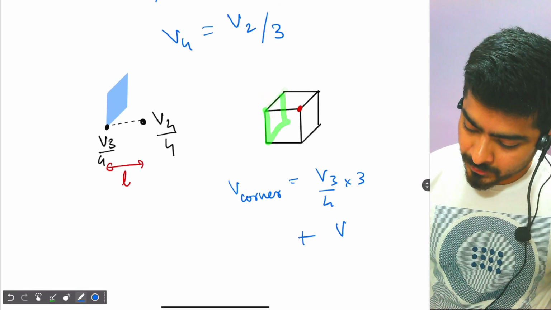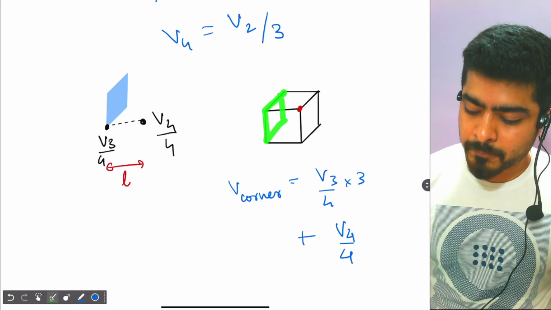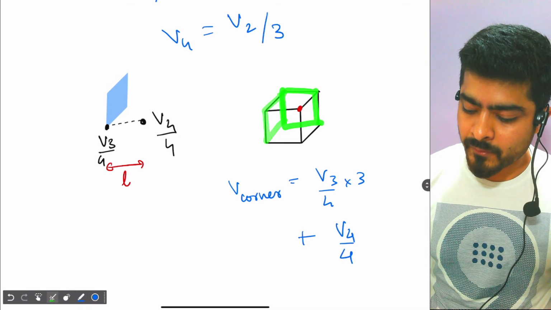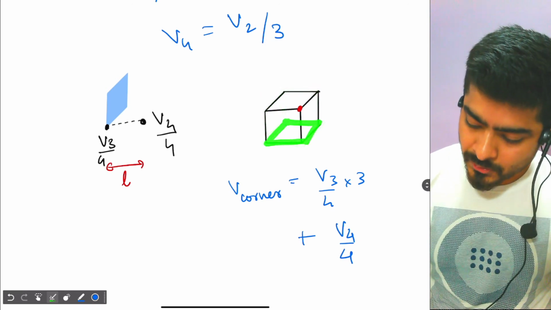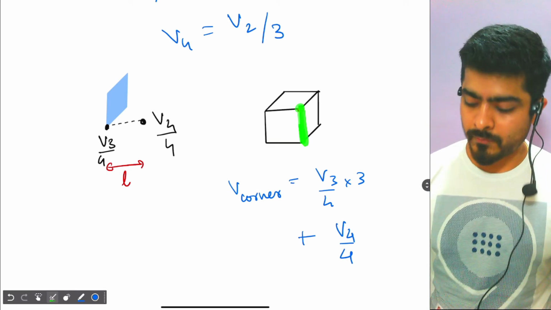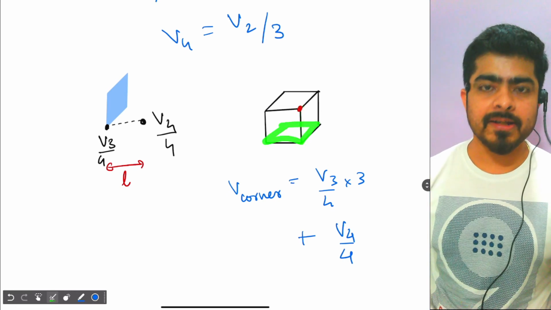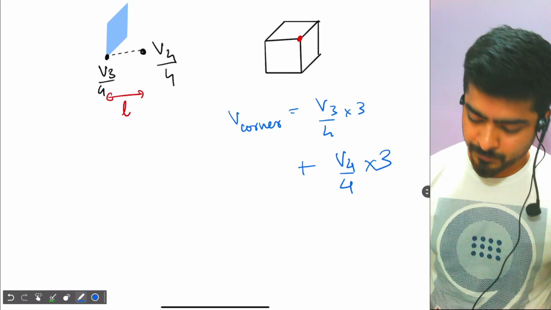So again the potential will be V4 by 4. And there are three such plates which are away from the corner. For example, if you take this plate at the bottom, this point is L distance away from the bottom square plate, correct? So again we've got three such plates on the opposite side. So this is the net potential of the corner.